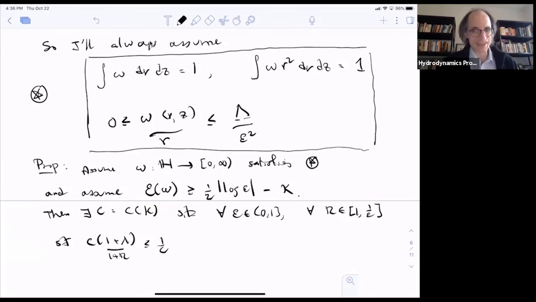Okay, so this is just a technical assumption, so r can't be too close to 1. We don't care about that. We want r to be something like 1 over the square root of epsilon in our applications.